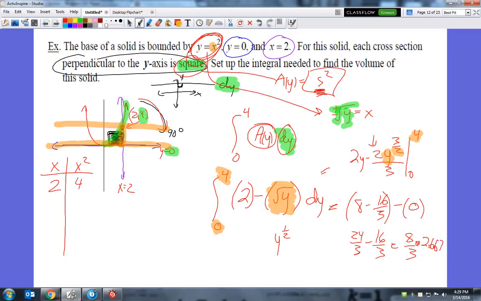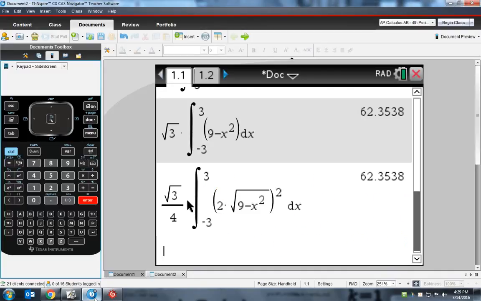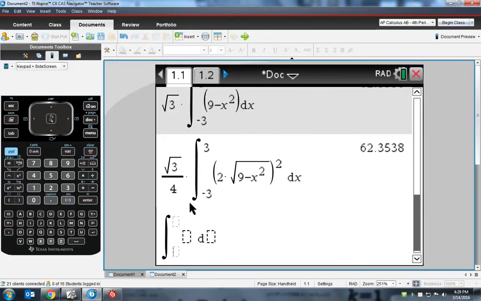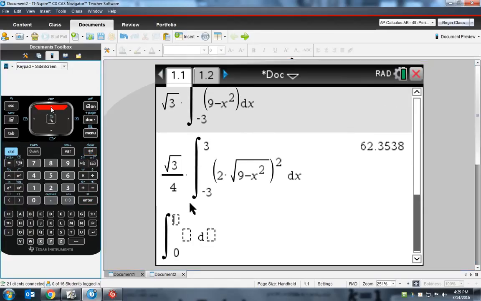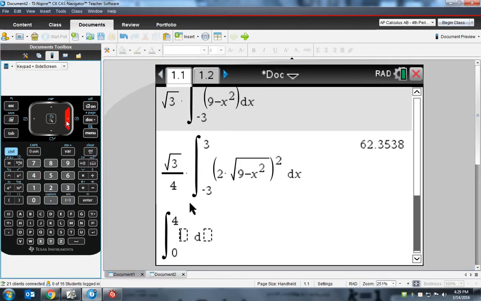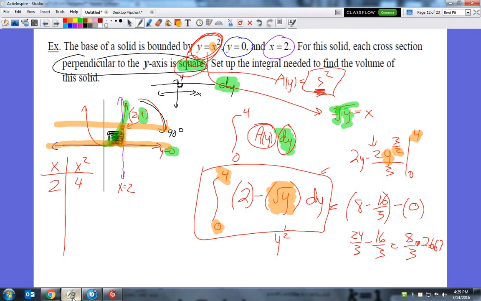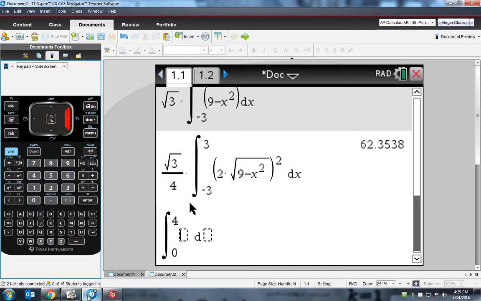And let's see if we get that when we plug this into our calculator. So here we go real quick. The definite integral from 0 to 4, and it's going to be, let me come over here, from 2 minus the square root of y. So we go 2 minus the square root of y.